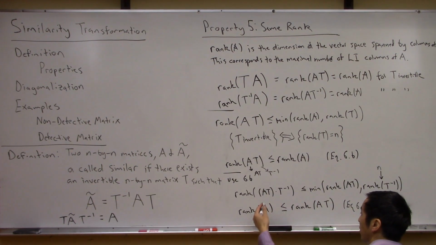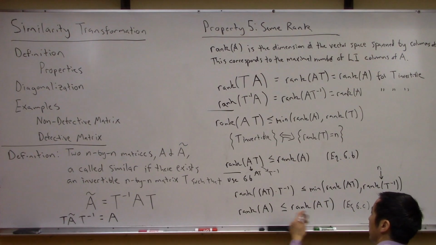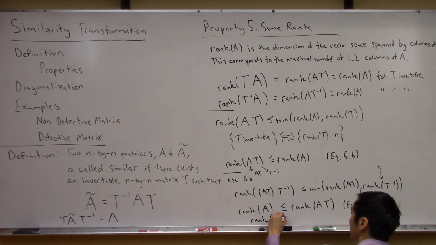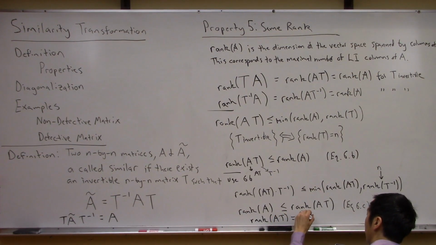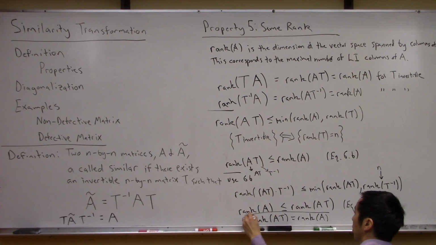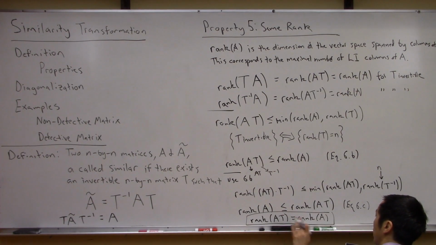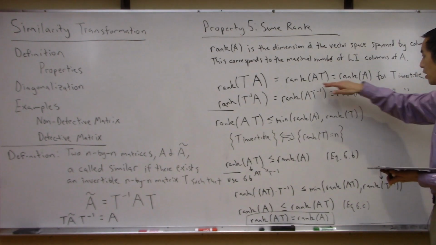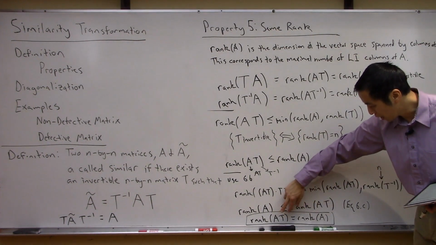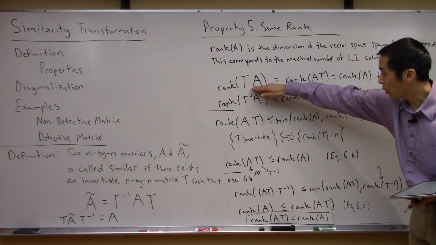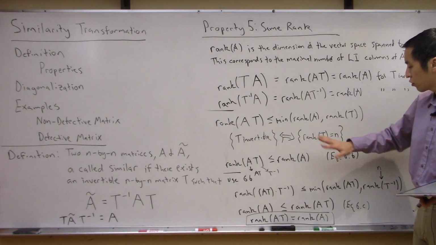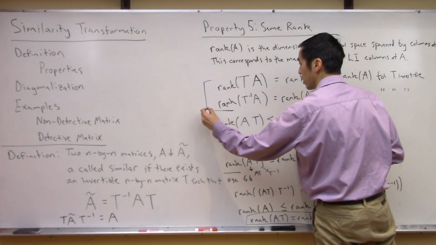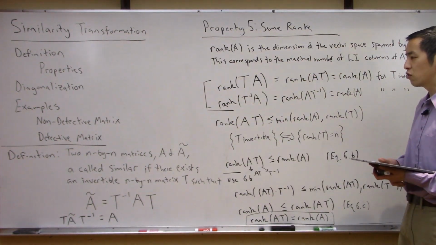So combining 6b and 6c, the rank of AT has got to equal the rank of A. This is exactly what we did up here, and you could do the exact same thing for TA and for T inverse. This discussion, if you glossed over it, is just to convince ourselves that these two things are true.